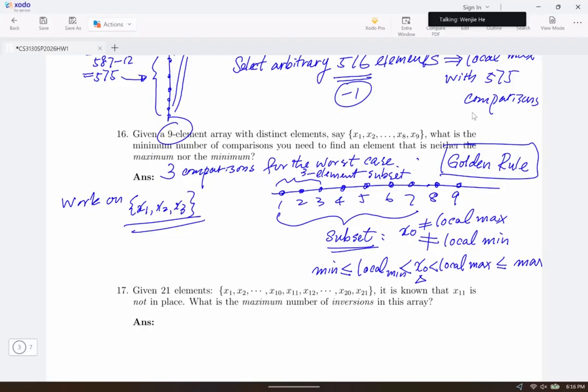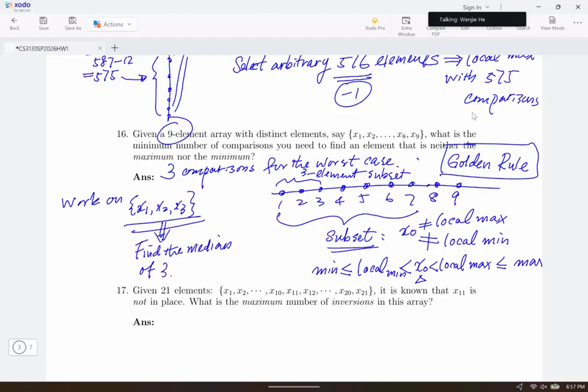Because the median is the one in the middle, not the largest, not the smallest. So what you need to do is find the median of 3 elements. Median of 3.